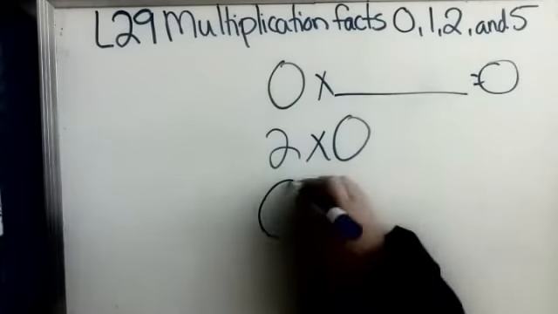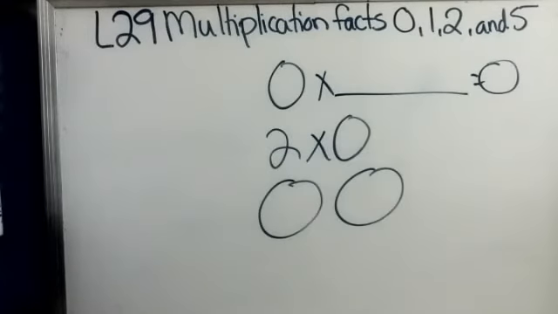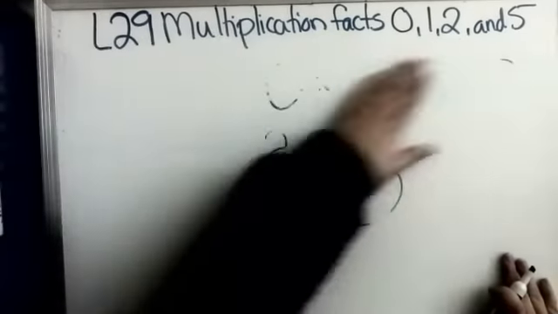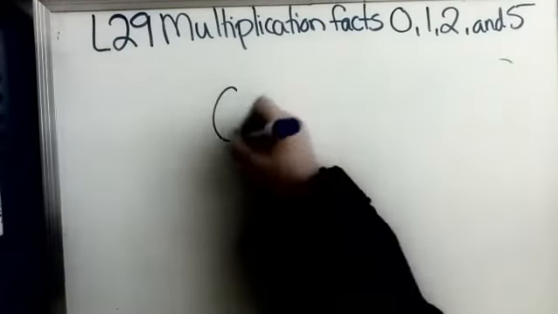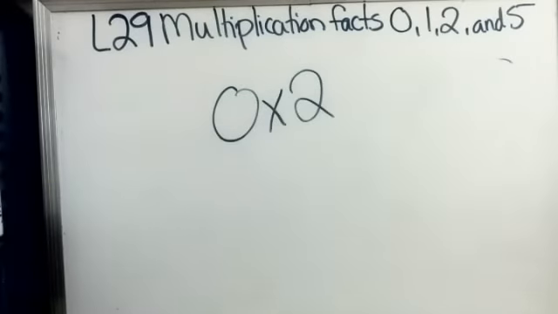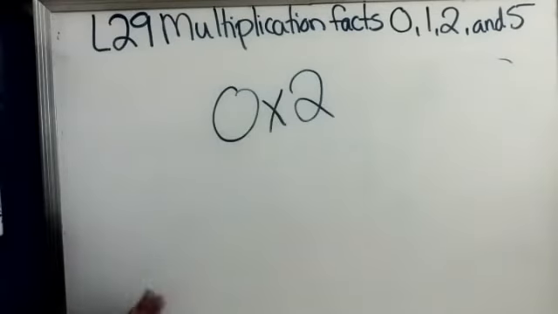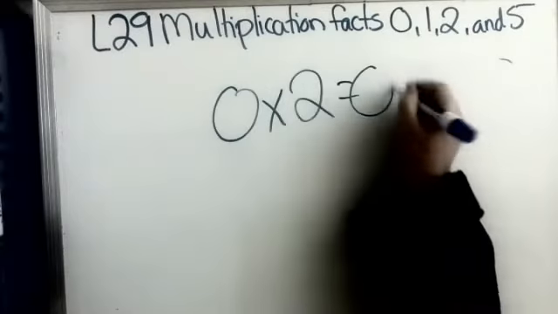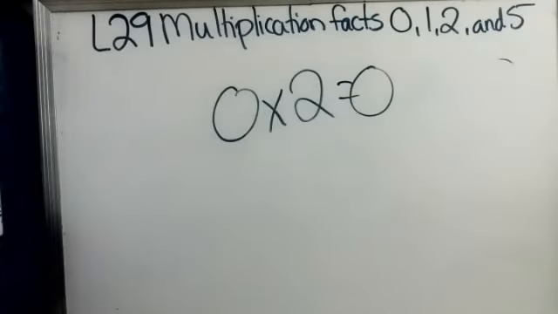In my two groups are nothing. That means it's 0. How many things do I have altogether? I have nothing. If you have it the other way around and you have 0 groups of 2, I have 0 groups. I have nothing. So that means you have 0. 0 times anything is 0.